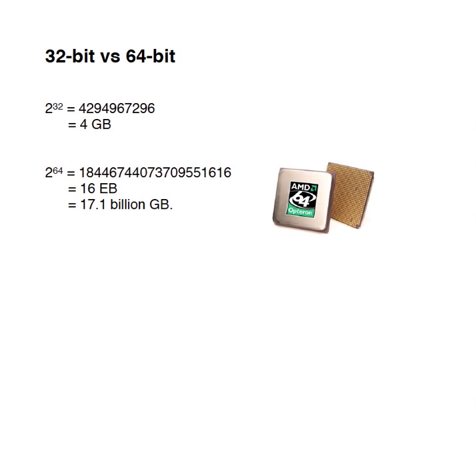Mathematically, if you see a 32-bit processor, 2 power 32 is 4 GB of addressable memory, which means 4 GB of RAM. So for any 32-bit processor, the maximum addressable memory is 4 GB.